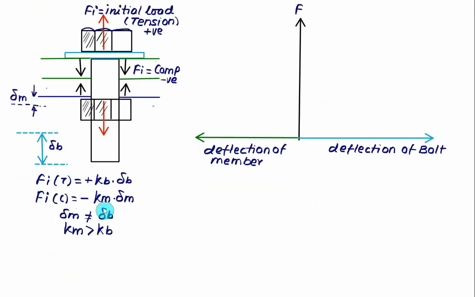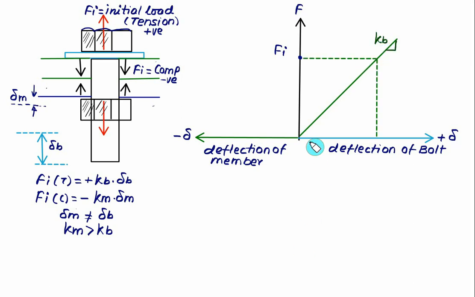With this information we are going to plot a graph of force versus deflection delta. This side is taken as positive deflection and this side is taken as negative deflection. We have the initial load Fi, so we can show the initial load equal to Fi. Since the force is directly a function of delta, we can represent the variation, and the slope of this will be equal to Kb.